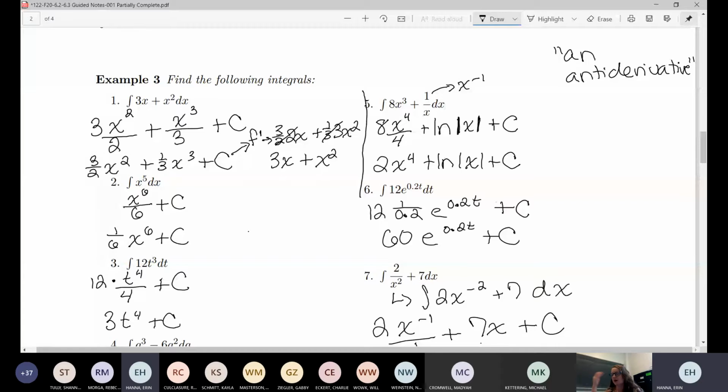If you haven't done them already, I would suggest tacking on a plus C to all of your antiderivatives just to get used to it. Whenever I'm looking at an antiderivative, I expect the plus C to be there. Wiley will accept it without a plus C because that is technically an antiderivative, but usually when we're doing antiderivatives, we want the most general one, so we want the plus C at the end.